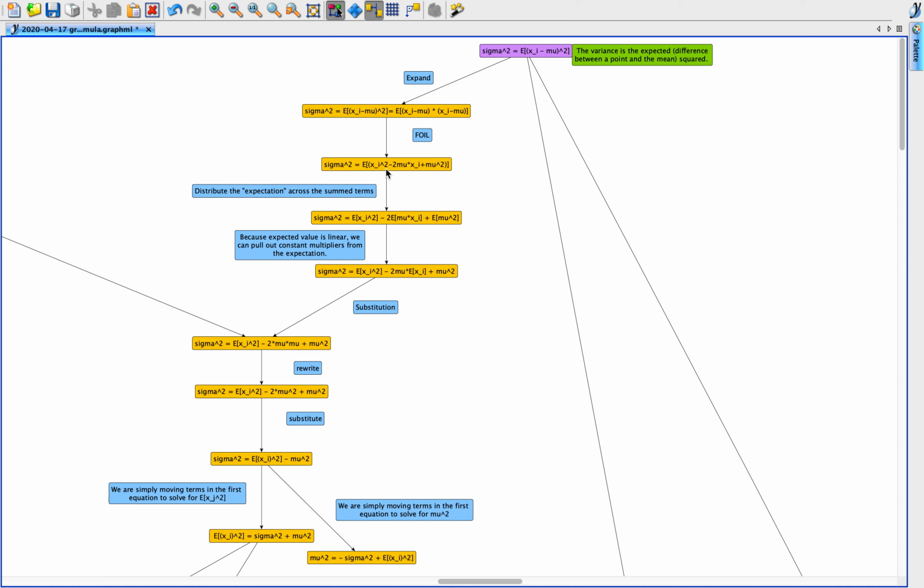So we have xi squared minus 2 mu times xi plus mu squared. We distribute the expectation across the sum terms.